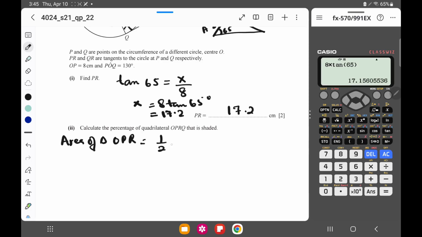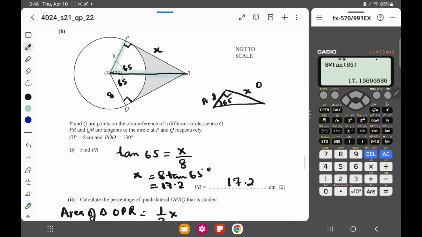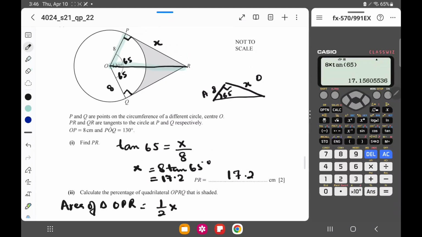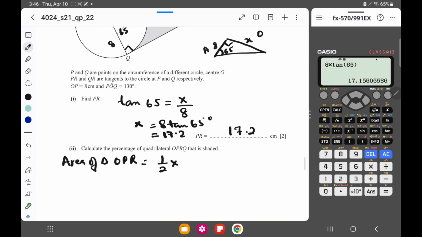Area of triangle OPR is equal to half base into height. Your base is 8 and the height is 17.2, which we have already found. So half into 8 into 17.2, that is 8 into 17.2 divided by 2, and you get 68.8. There are two triangles here, so we multiply by 2.